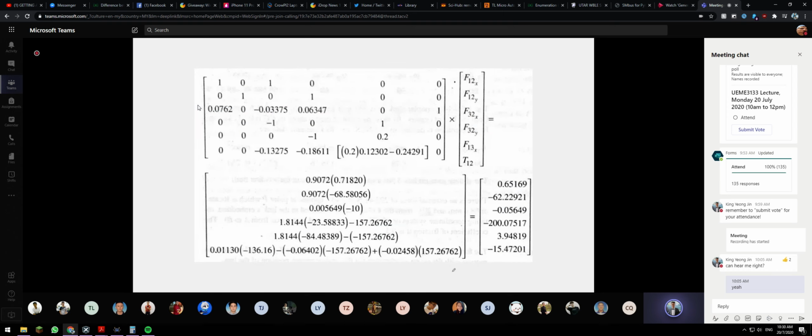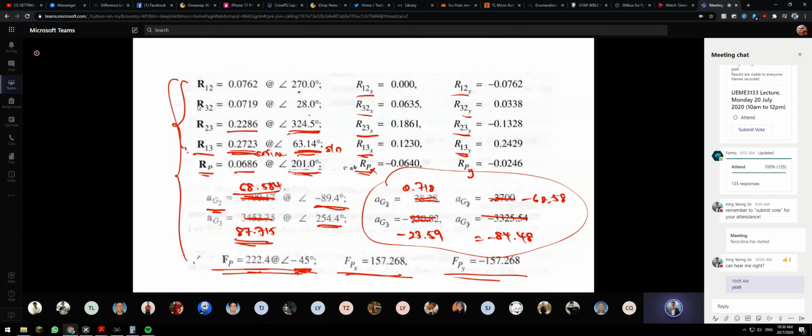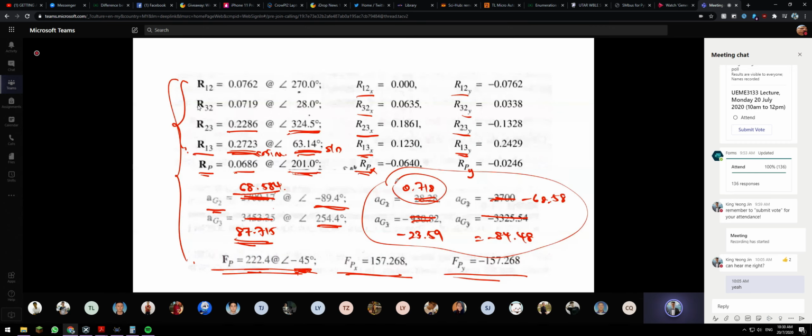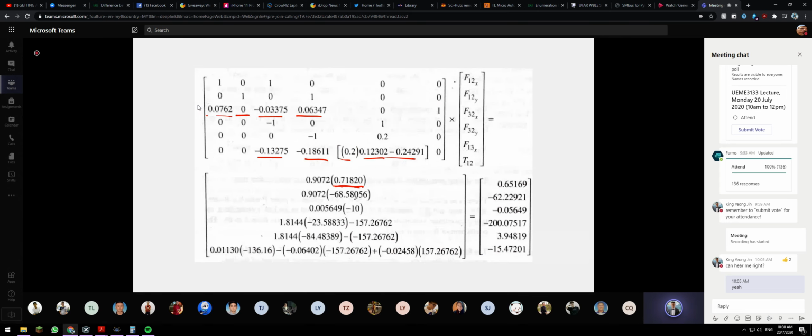After you get all this, you can substitute all the values into this column here, including the AG. The section in the question is wrong in the text, but when you substitute here it is correct.